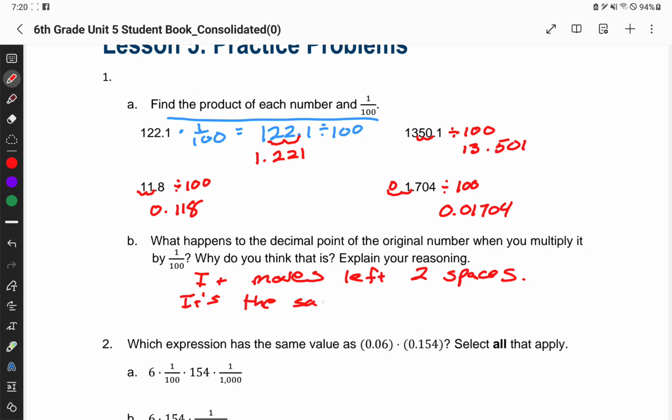It's the same as dividing by 100. It's getting smaller.